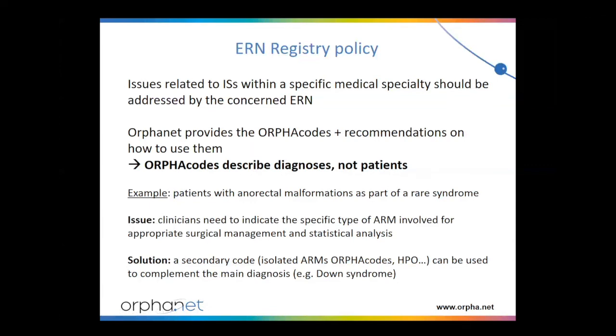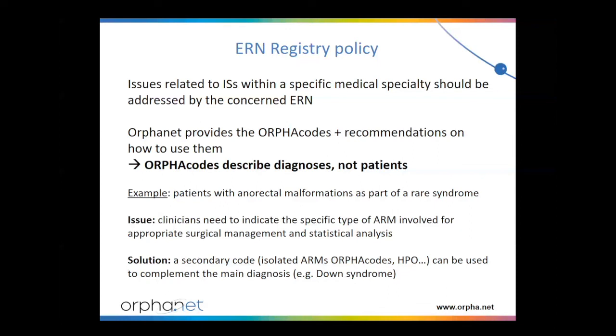They explained that for patients affected by an anorectal anomaly as part of a multisystemic syndrome, it is necessary for them to specify the type of malformation that is in cause so they can determine the appropriate surgical management of the patient and also perform statistical analysis and so on. And they wanted to reflect that in the ORPHAcodes. However, we explained that only one ORPHAcode is usually attributed to the patient, which reflects the main diagnosis, such as, for example, Down syndrome.